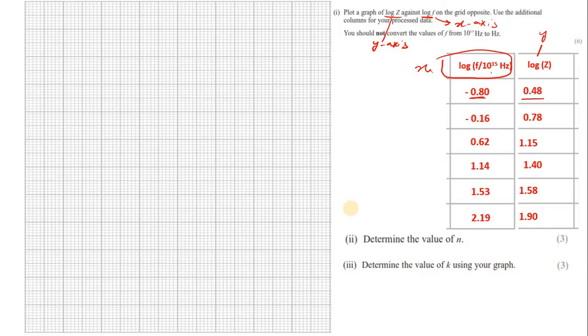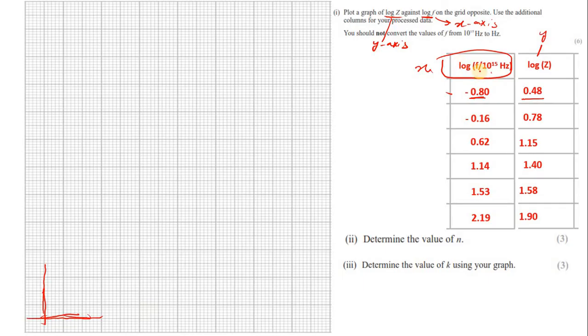So x-axis and y-axis. Remember, because x values are starting from a negative number, negative 0.8, I'm not going to start my origin from here. Generally we start from here, but we have all positive values.